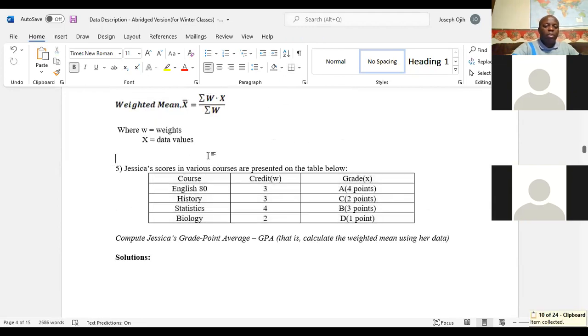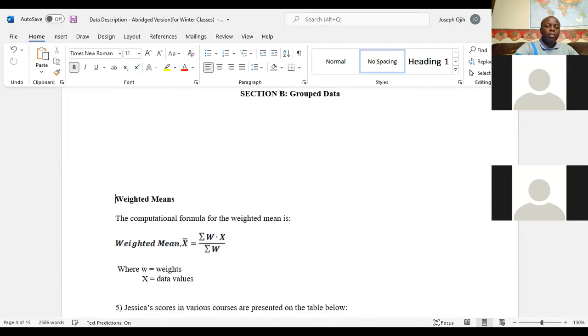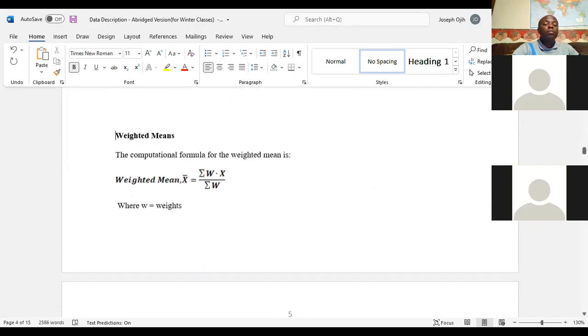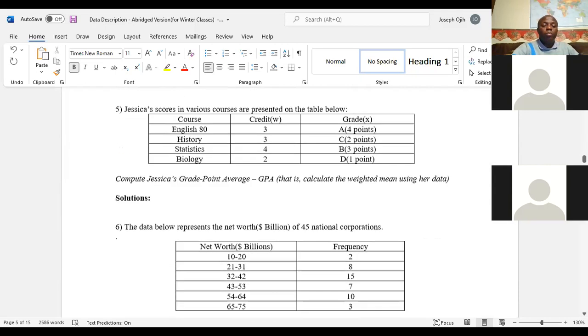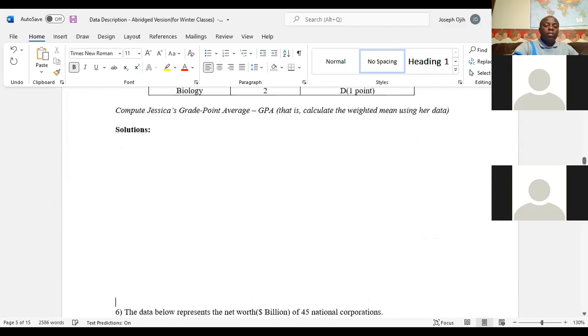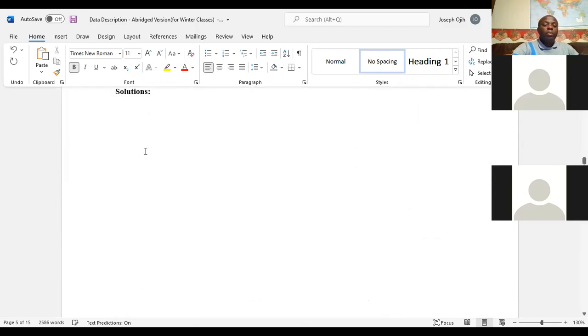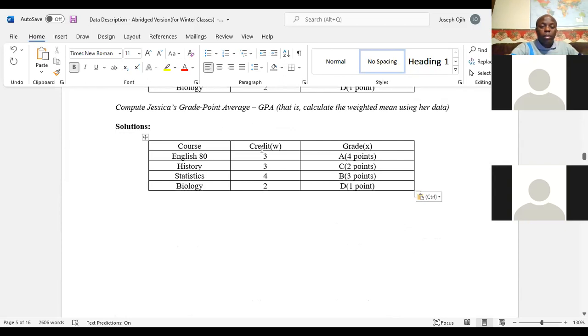Maybe I should move this down a little bit so we can have enough room for this. I'm going to move this other one down so that I can paste it here. Okay. The weight. Of course, you know that the A is for 4 points.